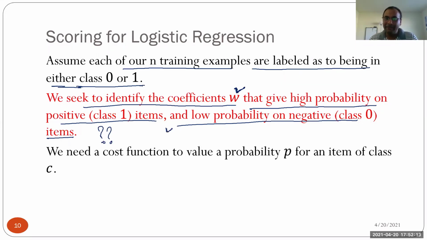And if that label is otherwise, if that data happens to be a male, then the probability should be 0. So that is what we have to learn, the probability of the positive class. If the probability is lower than 0.5, then we would say this is not the positive class, this is in fact the negative class.